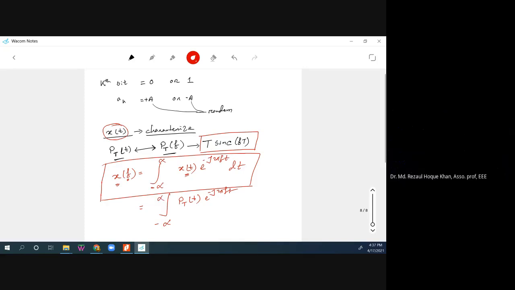So guys, how to convert a time domain signal to the frequency domain, to the Fourier, you have to have this knowledge from your analog communication course.